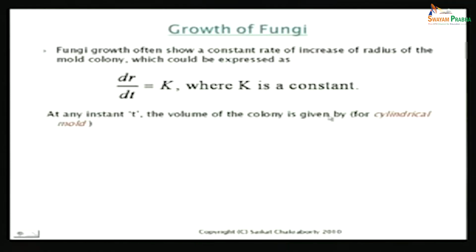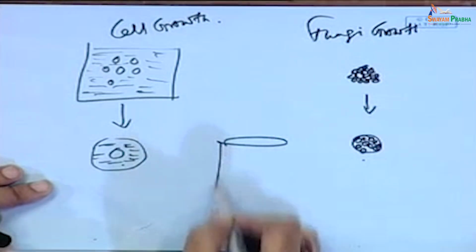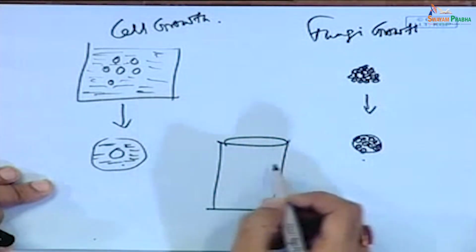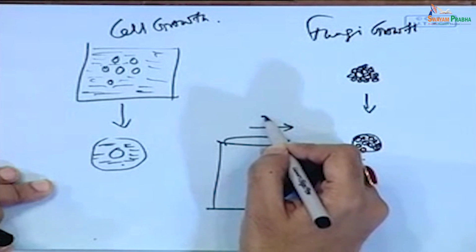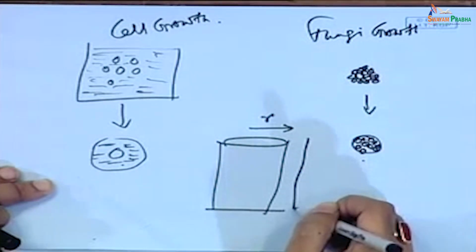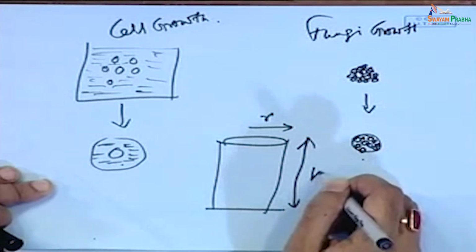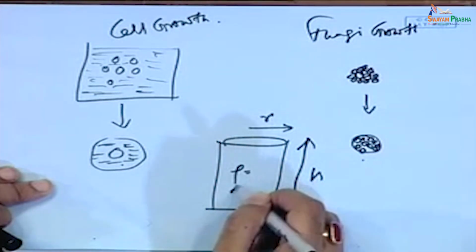And so in the problem that we do today, we consider a cylindrical mold. Okay, so if you have a cylindrical mold, then x is pi r squared h times rho. This is the radius at each point of time, which is increasing. This is the height of the mold, and rho equals the density.